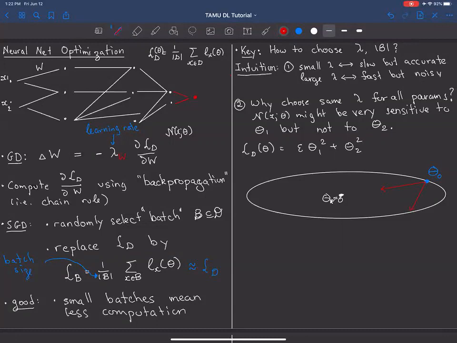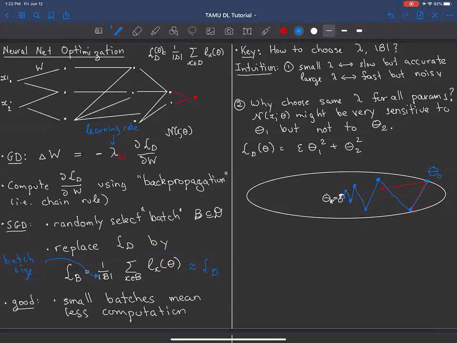And so the issue is that when you have this kind of very different sensitivity, you are going to eventually make it to the minimum, but you'll have this very zigzag kind of trajectory. You'll keep overshooting, and it'll be very inefficient. So this is a cartoon for why you might want a different optimization scheme where you don't set the value of lambda to be the same constant for all parameters.